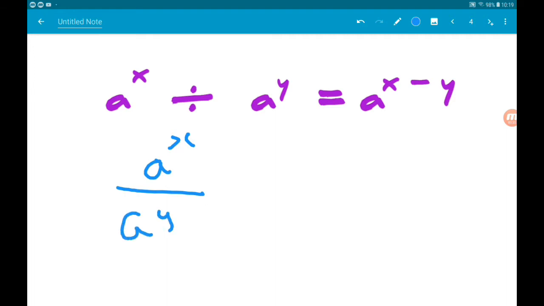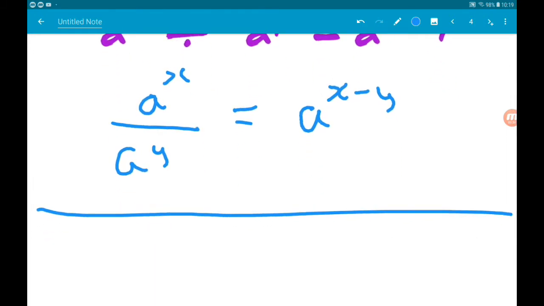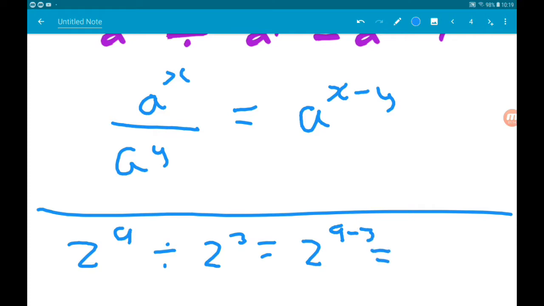That means a to the power x divided by a to the power y, which again is a to the x minus y. For example, we might have 2 to the power 9 divided by 2 to the power 3. That's 2 to the power 9 take 3, which is 2 to the power 6.